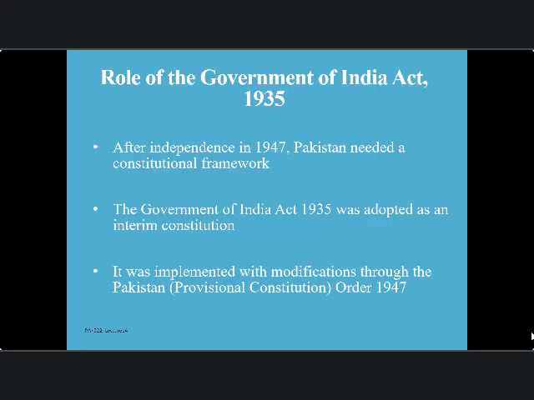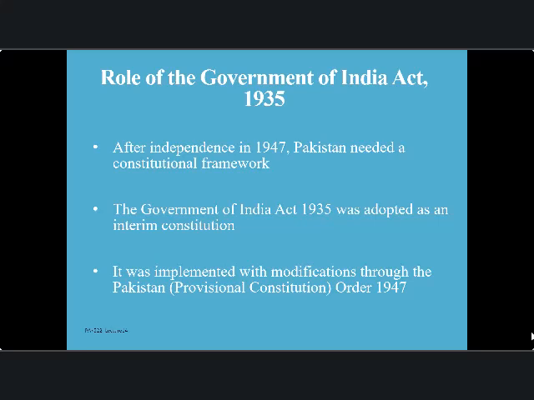So students, now we will discuss the role of the Government of India Act 1935. The Government of India Act 1935 was adopted as the interim constitution of Pakistan. After independence in August 1947, Pakistan faced an immediate and serious challenge. The new state needed a constitutional framework to govern the country.